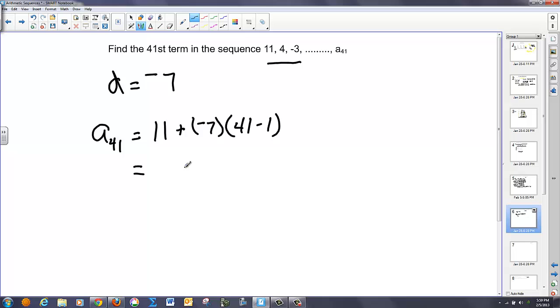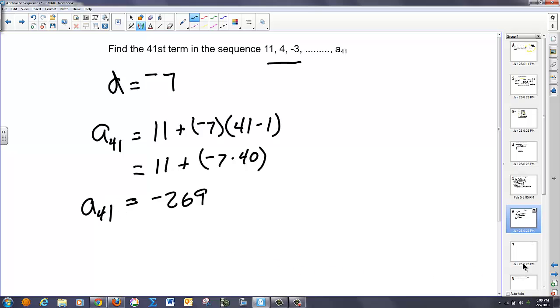So we end up with, in this case, 11 plus -7 times 40. So that's going to be -280 plus 11, which is -269. And that is the 41st term.